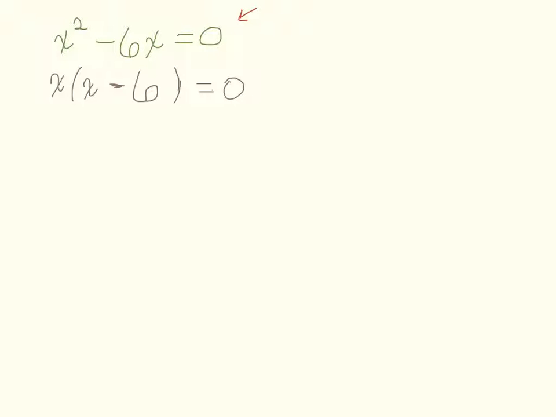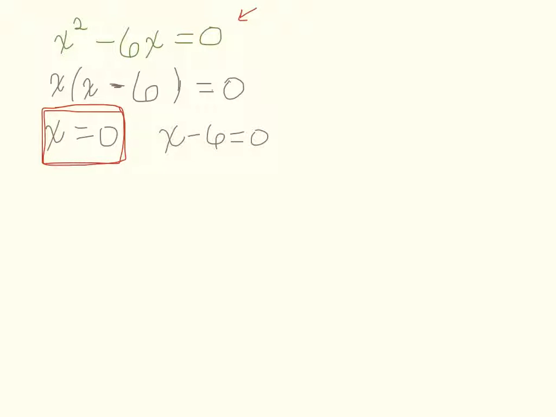Okay? So I have two factors, x and x minus 6. I need to set each of those factors equal to 0. So x equals 0, and x minus 6 equals 0. Well, x equals 0 is not a hard equation to solve. It's actually pretty easy to solve because x equals 0, that's it.